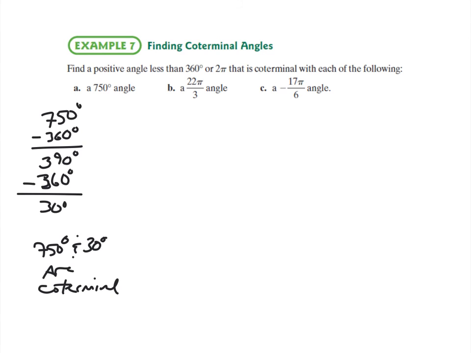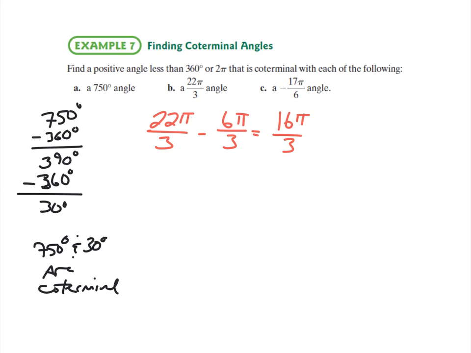Okay. For the second example, we're at 22 pi thirds. And I need to subtract 2 pi, but in terms of thirds, it's 6 pi thirds. When I do that, I get 16 pi thirds. Now, I need an answer that's less than 6 pi thirds, so I'm going to keep subtracting 6 each time.